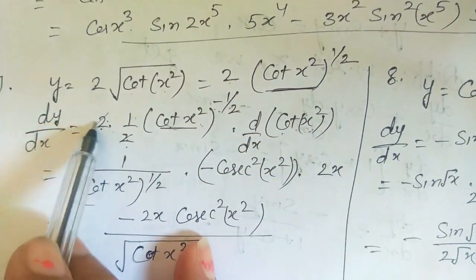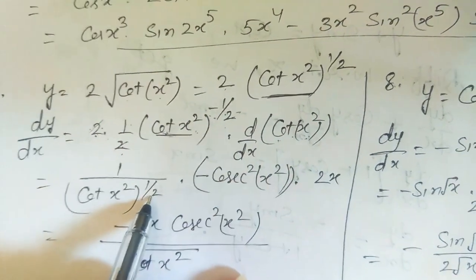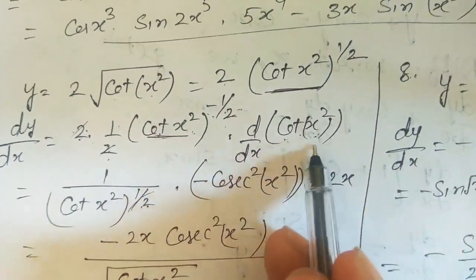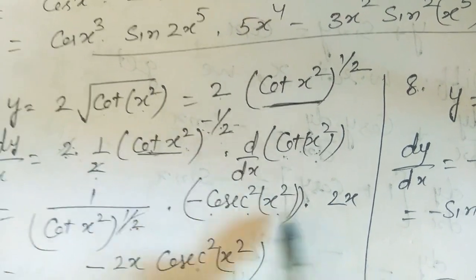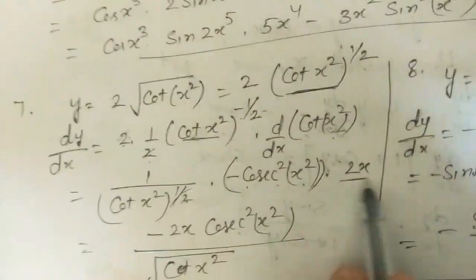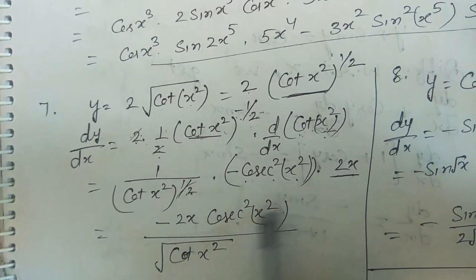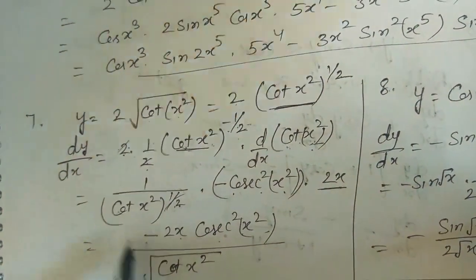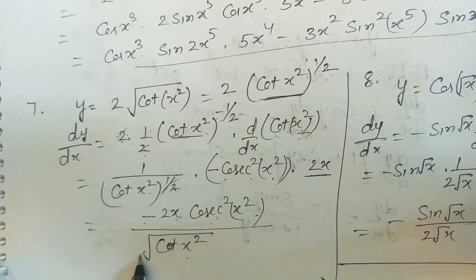So 2 cancels with 2, cot x square power minus 1 by 2 goes in the denominator as positive, and the derivative of cot x square is minus cosecant square x square, and the derivative of x square is 2x. We will use the chain rule here. So the answer is minus 2x cosecant square x square upon the square root of cot x square. It is power 1 by 2, so we can write it as a square root.